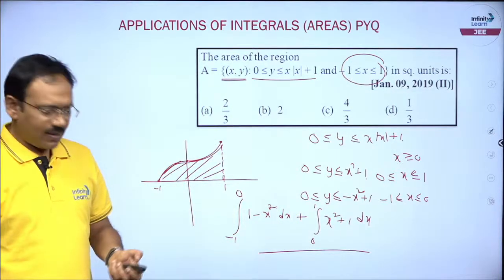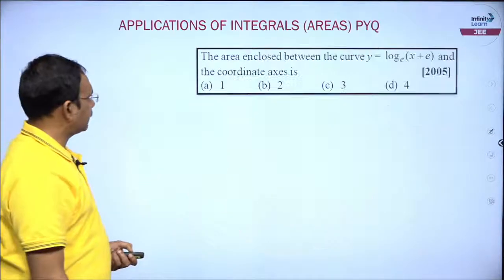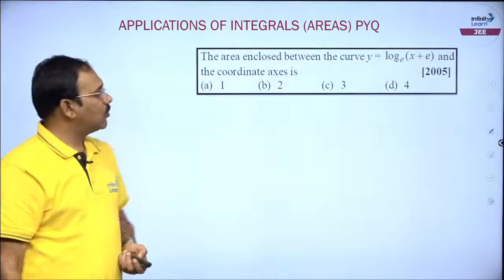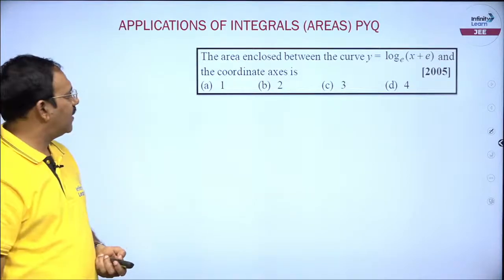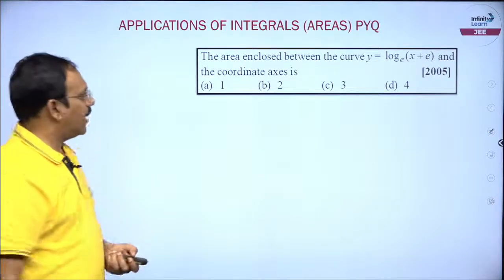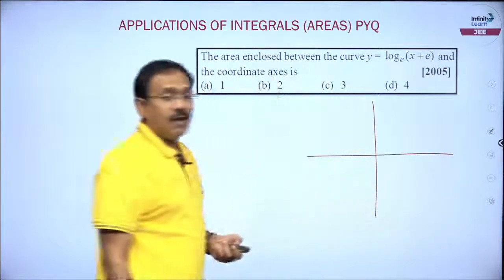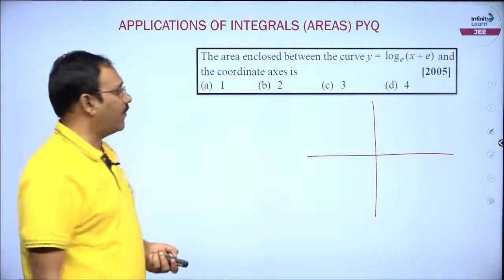Okay, right. The next, dear friends, yeah, the area enclosed between the curve y is equal to log of x plus e and the coordinate axes. Right, dear friends, you see, suppose this is x axis and y axis, the log x graph is very familiar.